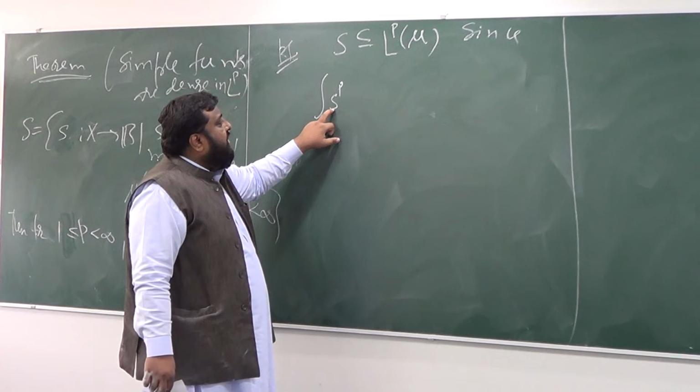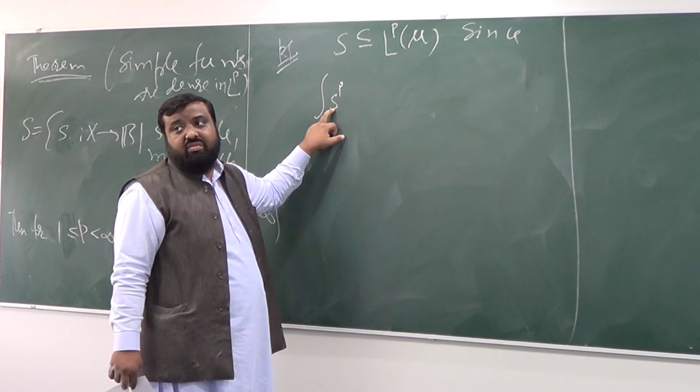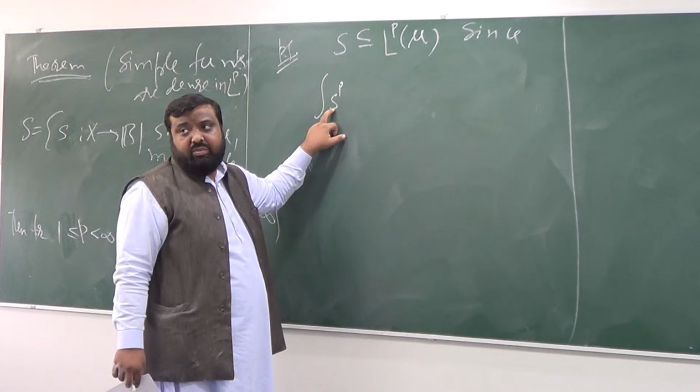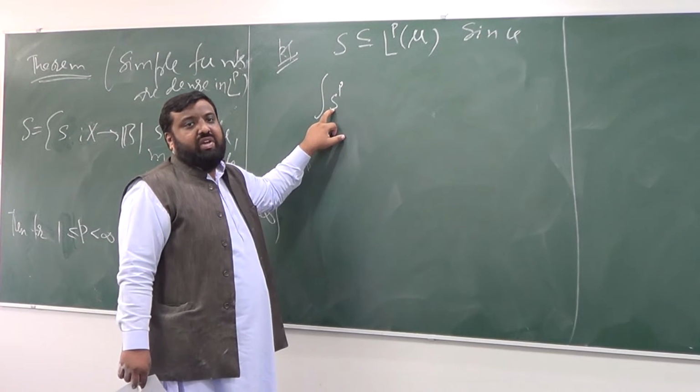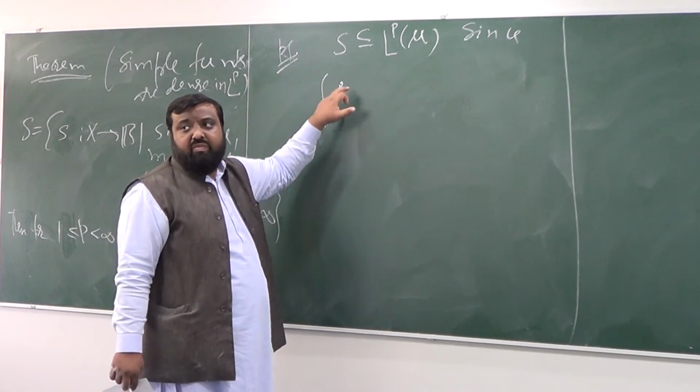So in other words, S must have a maximum value. So if S has a maximum value, then S to the power p must have a maximum value as well.